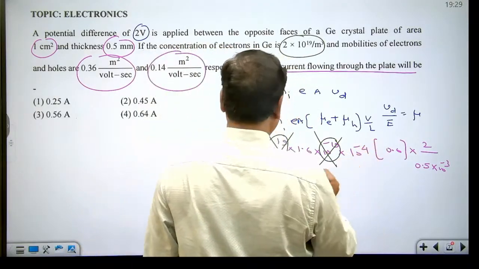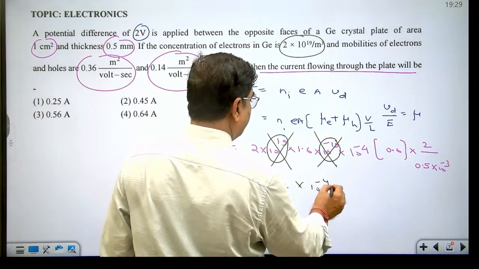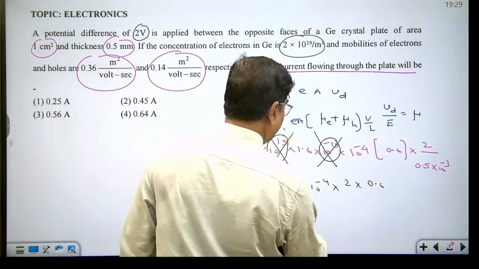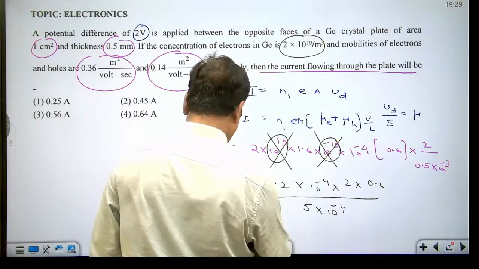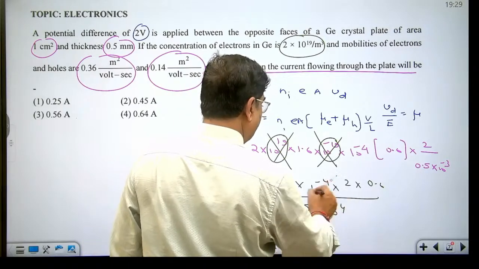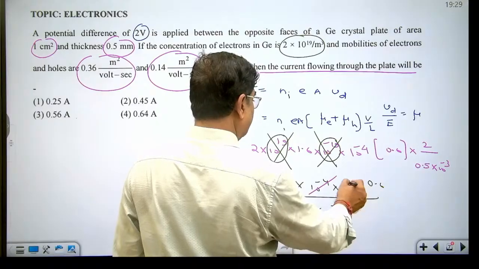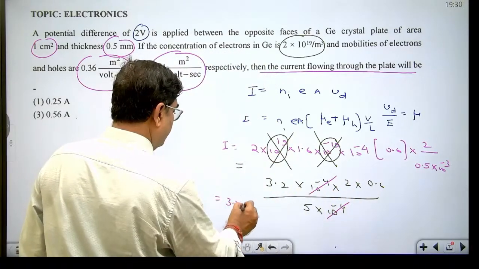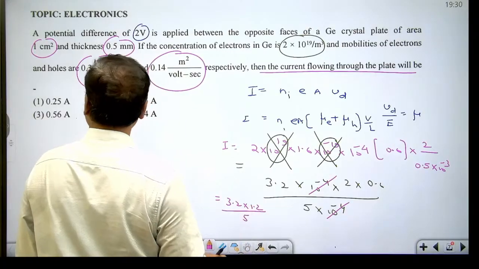This is 3.2 into 10 power minus 4 into 2 into 0.5 upon 5 into 10 power minus 4. So 10 power minus 4 will get cancelled. So this is 3.2, this is 1.2. 3.2 into 1.2 upon 5.